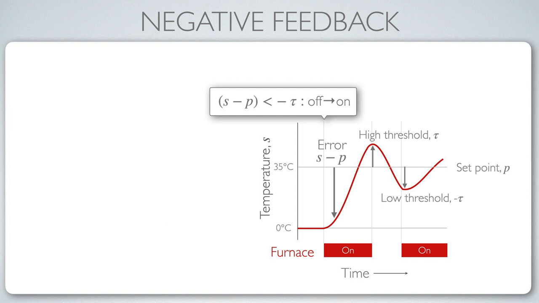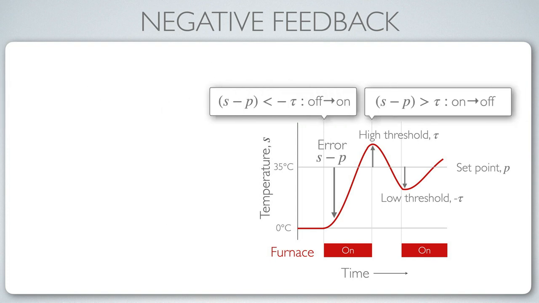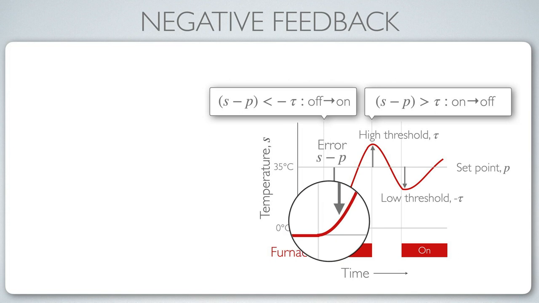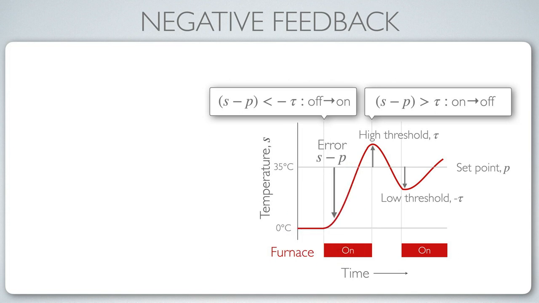The second rule has to do with what occurs at the high threshold. And there, if the error exceeds the high threshold of tau, then turn the furnace off. Now that first rule of what occurs relative to the low threshold, let me change my pointer here. That first rule occurs here because we are below that low threshold. And then it occurs again right there.